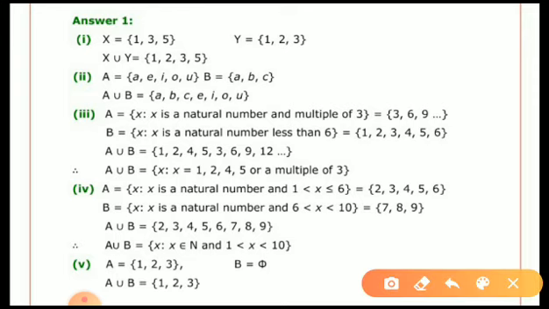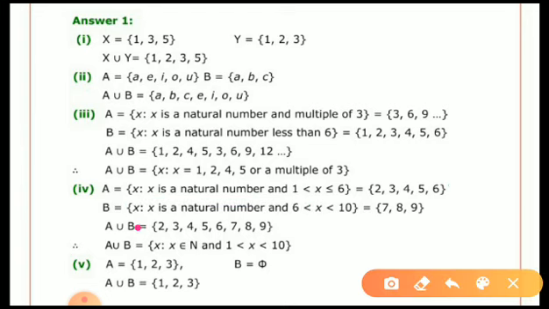Next, A contains x such that x is a natural number and 1 < x ≤ 6. Less than or equal to 6 means 6 is included, so the set is {2, 3, 4, 5, 6}.